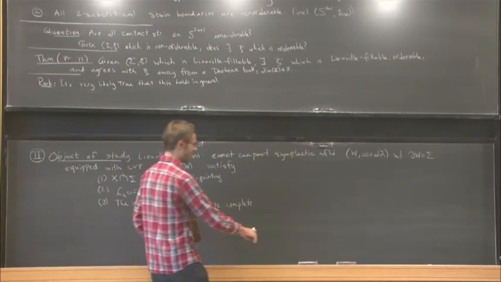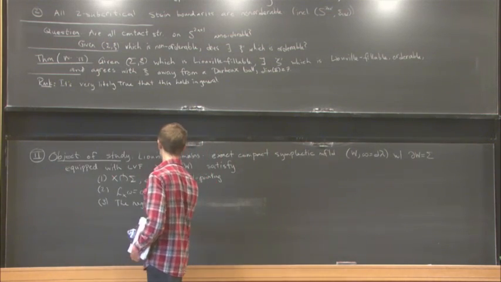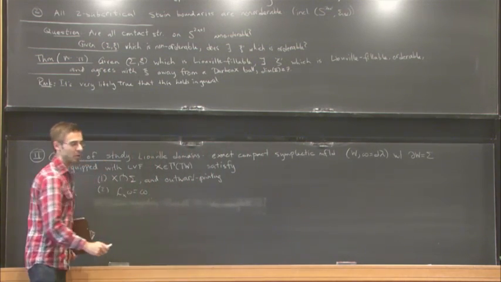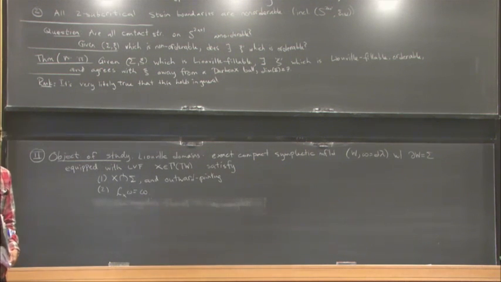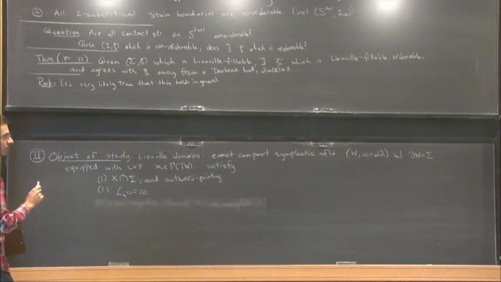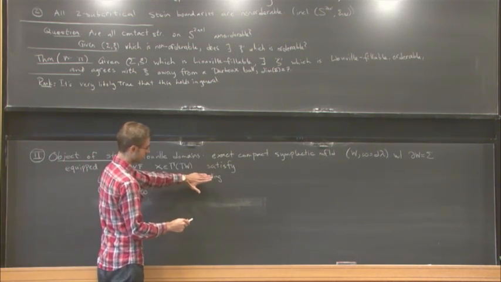I'm just looking at the compact region, so if I flow in that direction, I have existence for all time because of compactness.